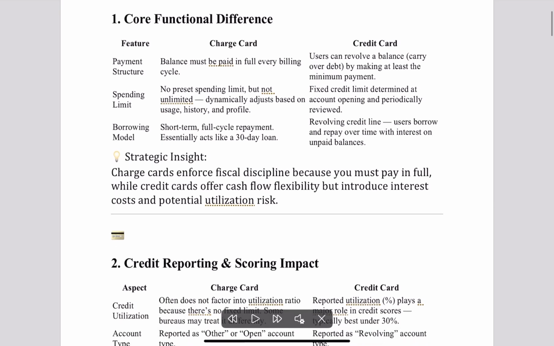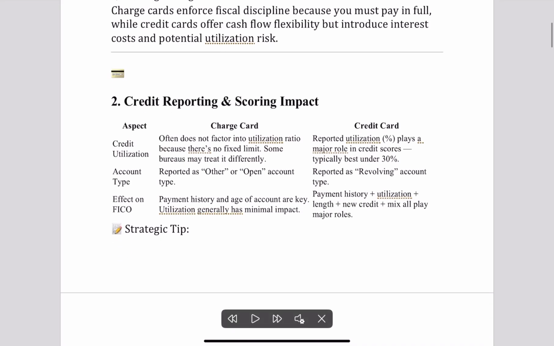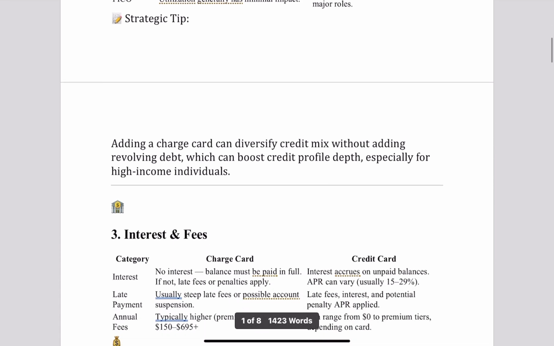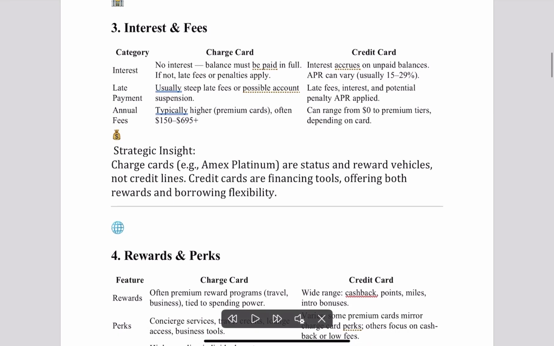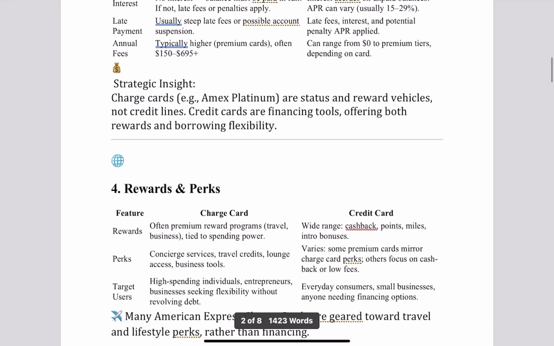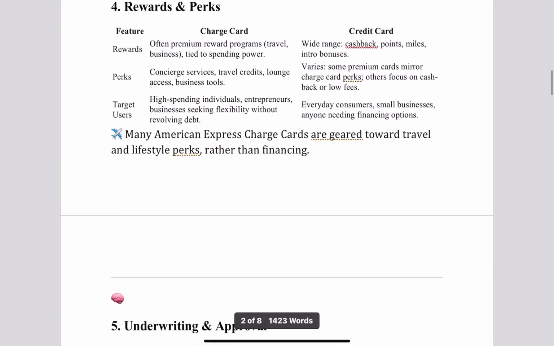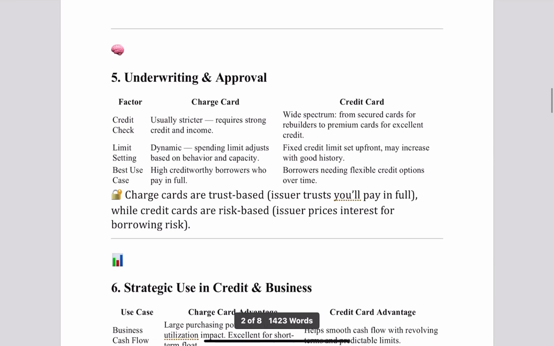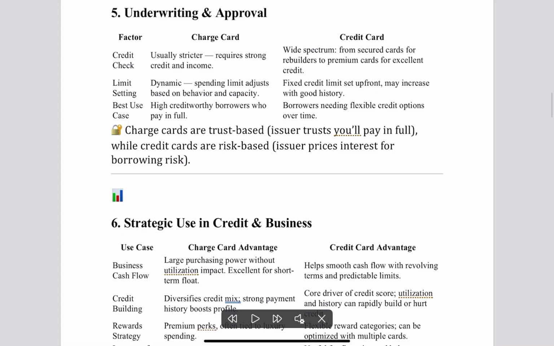Number 1, core functional differences. Number 2, credit reporting and scoring impact. Number 3, interest and fees. Number 4, rewards and perks. Number 5, the underwriting and approval methods.